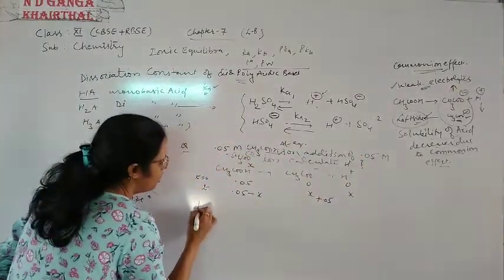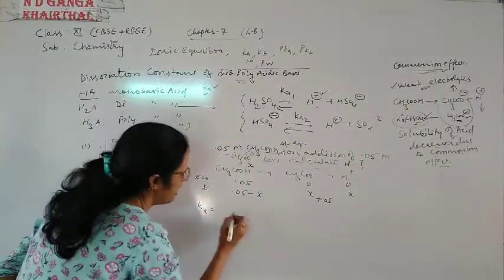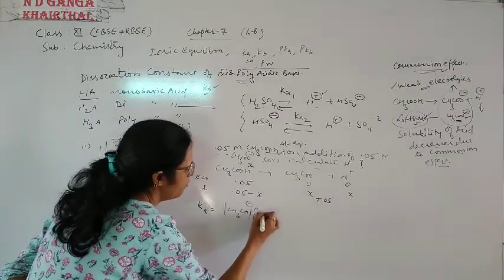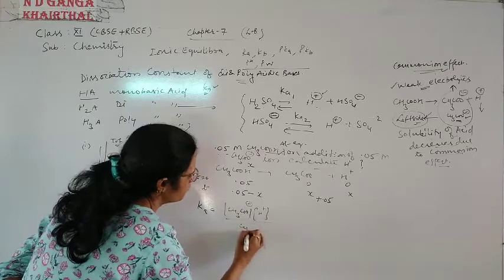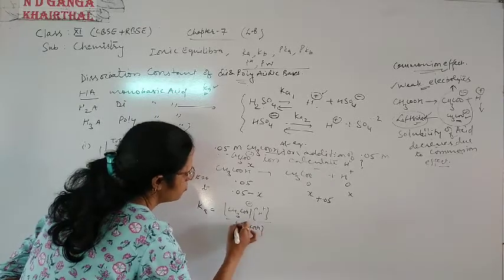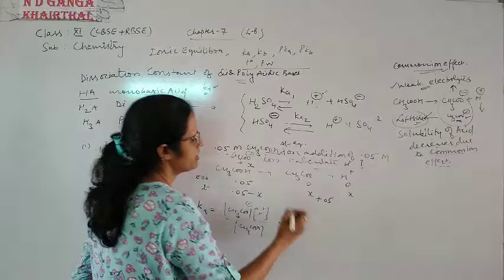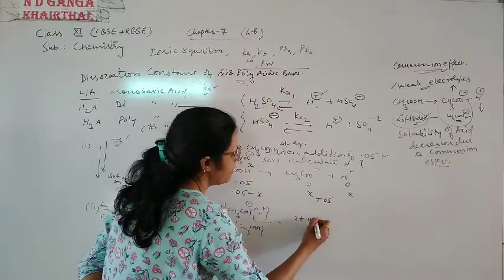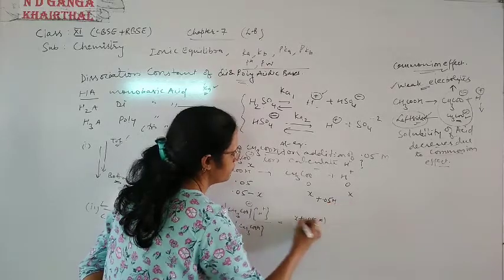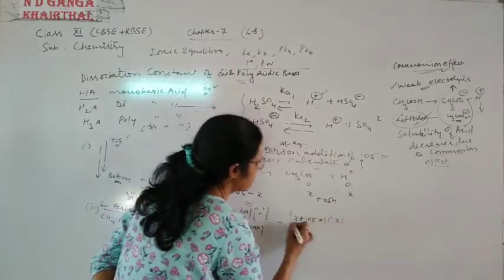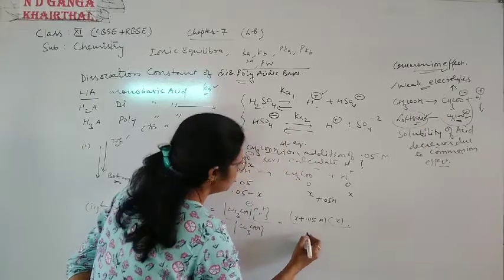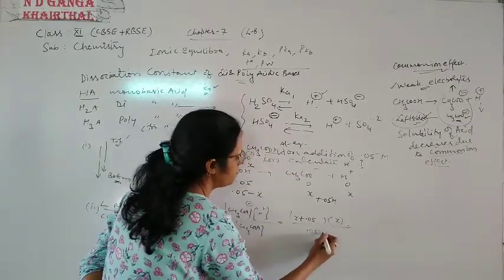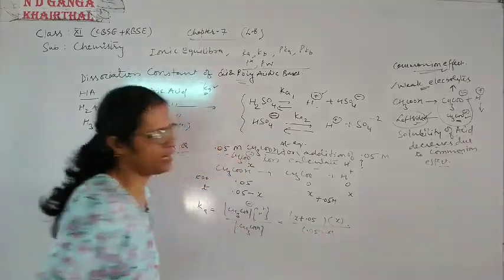Then what will be the Ka? Ka will be acetate ion concentration times H ion concentration upon acetic acid, okay? Acetate ion concentration is X plus 0.05 M, times X, upon 0.05 minus X, clear?